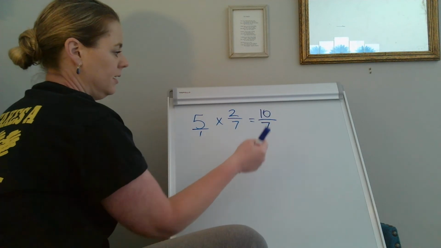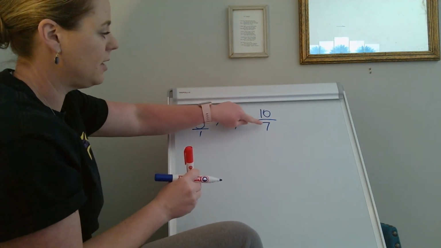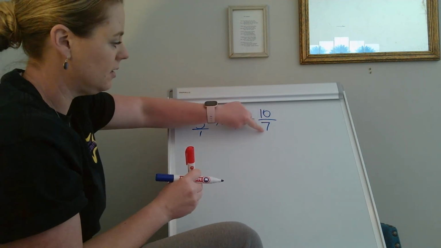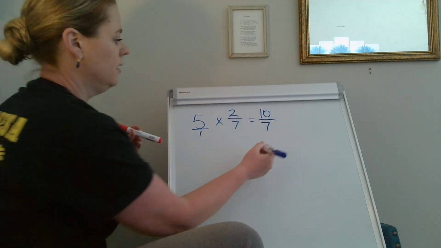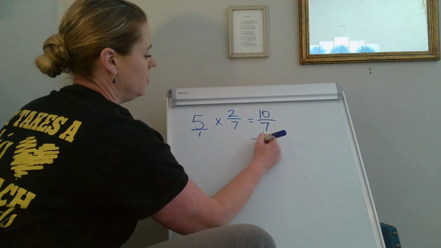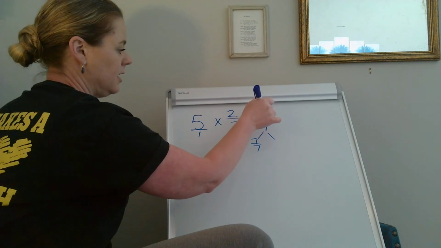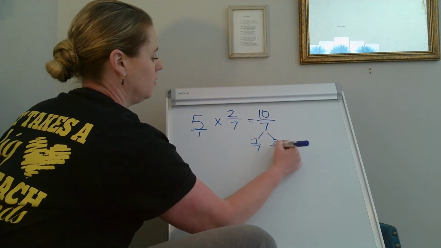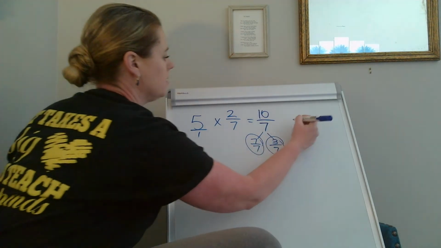So if I pulled 7 out of here, that's going to give me 1 whole, 7 sevenths. And then 10 take away 7 is 3. So you have 1 and 3 sevenths.